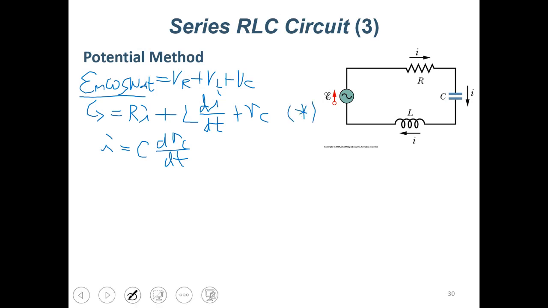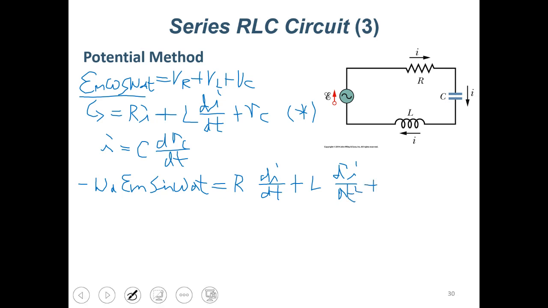So we take the derivative of this term so that we have minus omega d Em sine omega d t equals R di/dt plus L times the second derivative of i plus dVC/dt.